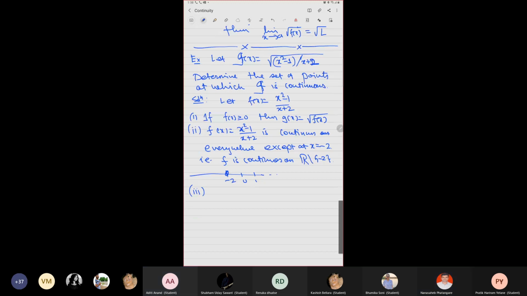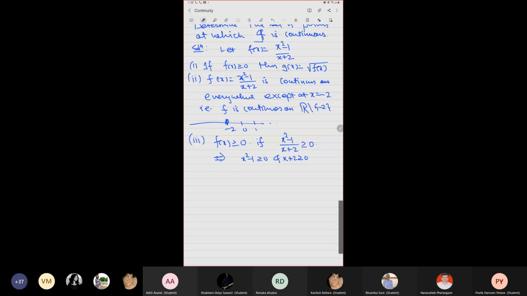That implies x square minus 1 is greater than or equal to 0 and x plus 2 is strictly greater than 0, or x square minus 1 is less than or equal to 0 and x plus 2 is strictly less than 0.